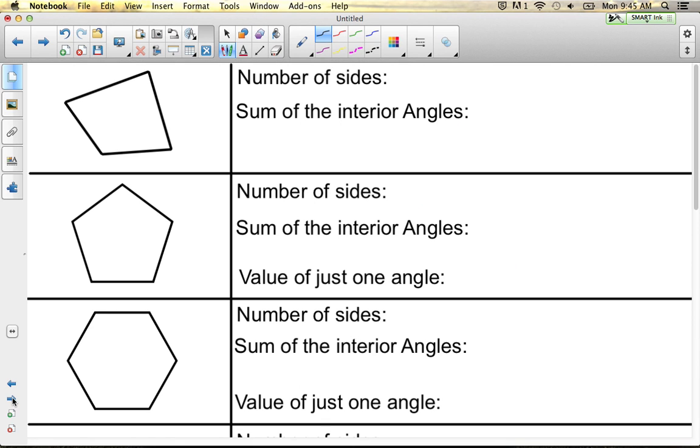So this is something that we've done already. This is interior angles, and I want us to go down this list and see if we remember how to calculate all of these. So as we can see with this first one, this has 1, 2, 3, 4 sides. So let's go ahead and write that down. We have a 4-sided polygon. That's called a quadrilateral.